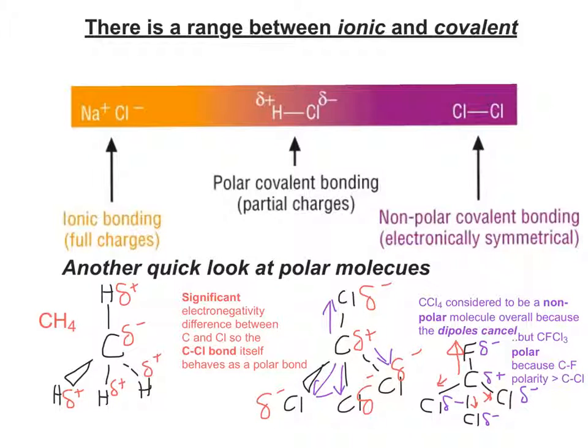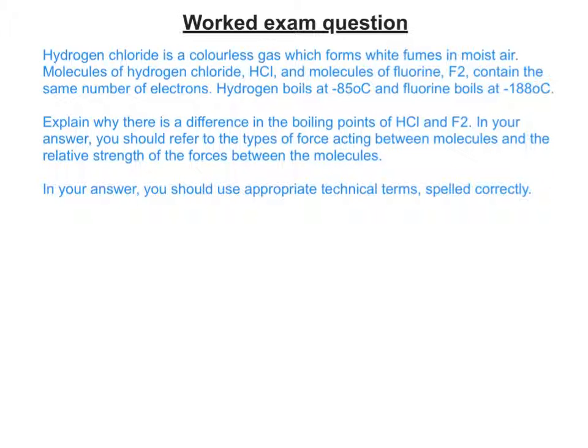So now let's try an exam question. So let's have a look at this question, which is worth 4 marks. So let's look at the first piece of information that it actually tells us that might be useful. It says hydrogen chloride and fluorine contain the same number of electrons.